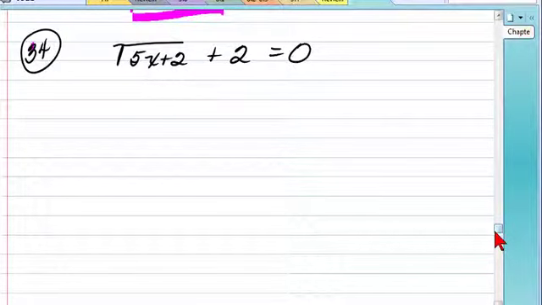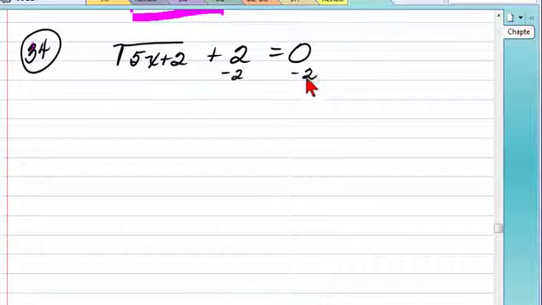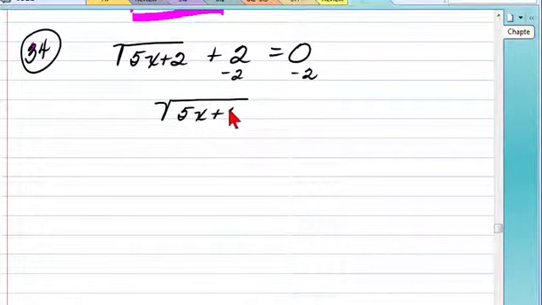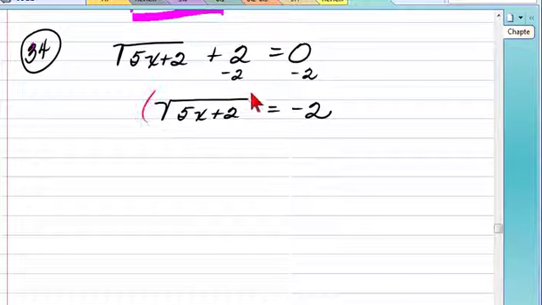Is this radical equation ready for me to square both sides? No. I need to go ahead and subtract 2, and I get the square root of 5x plus 2 is equal to negative 2. What's next? Square both sides.